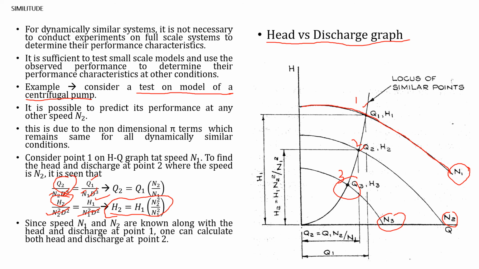So this is how similitude helps us in reducing the time of analysis, and it helps us in avoiding repeating the experiments. I hope that you understood this example, and you can appreciate the beauty of the Buckingham pi theorem, which is nothing but dimensionless parameters and the similitude concept.